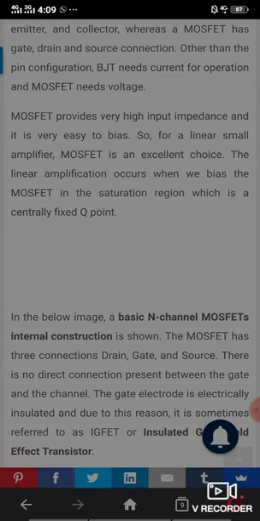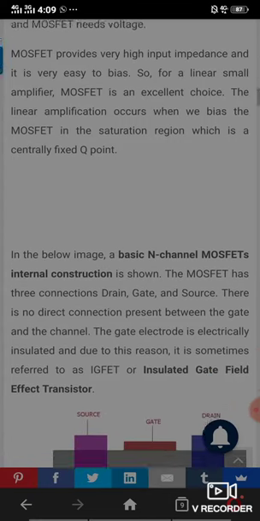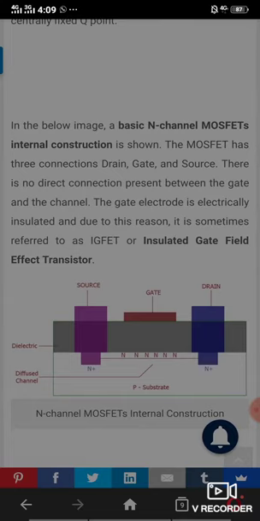In the image below, a basic n-channel MOSFET internal construction is shown. The MOSFET has three connections: drain, source and gate. There is no direct connection between the gate and the channel. The gate electrode is electrically insulated, and for this reason it is sometimes referred to as an insulated gate field effect transistor.